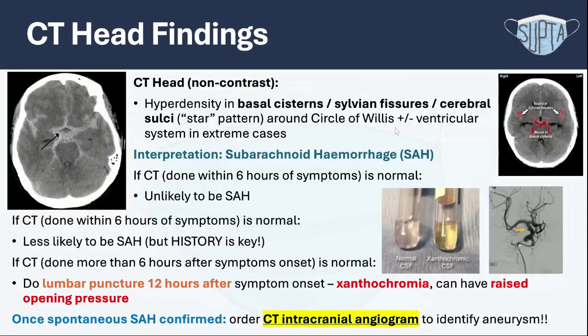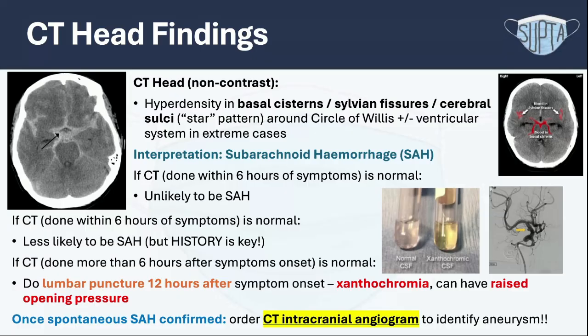And in terms of CT head findings, on a non-contrast CT head, we can see the classic appearance of a subarachnoid hemorrhage. This includes hyperdensity, meaning bright white blood within the basal cisterns. You can see an arrow there, pointing to the basal cisterns.